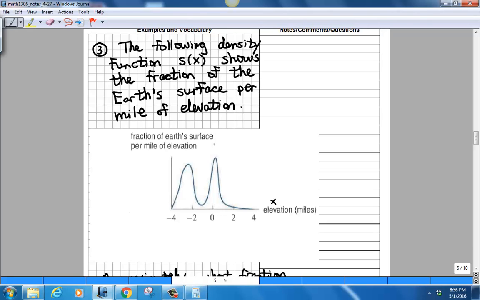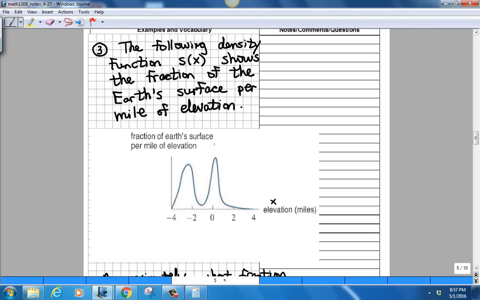And the characteristic we're interested in observing for the Earth's surface is its elevation above or below sea level. Positive elevation means portions of the Earth's surface that are above sea level, 0 corresponds to exactly sea level, and the negative elevations correspond to portions of the Earth's surface that are below sea level.